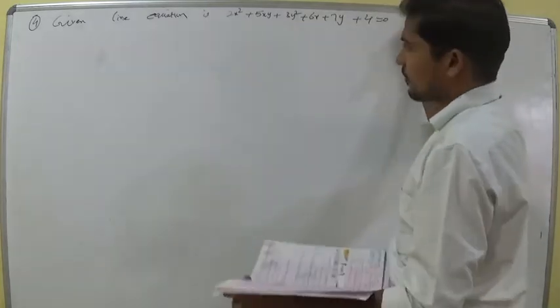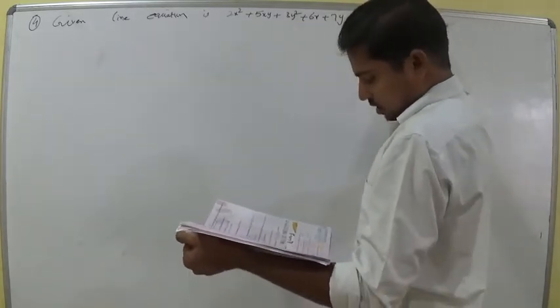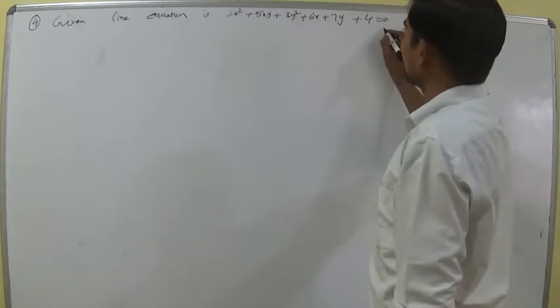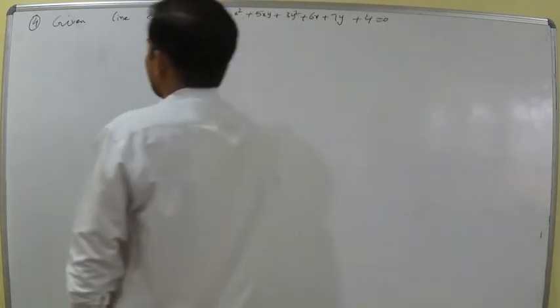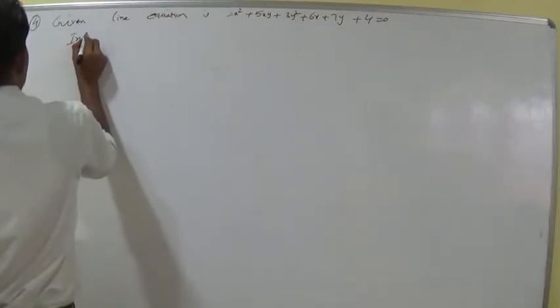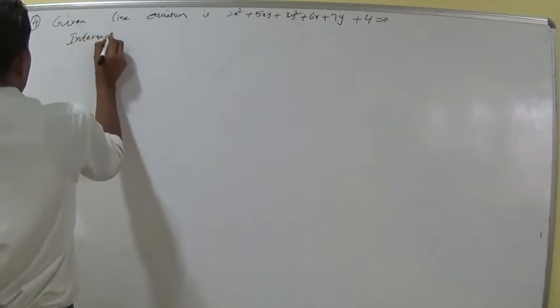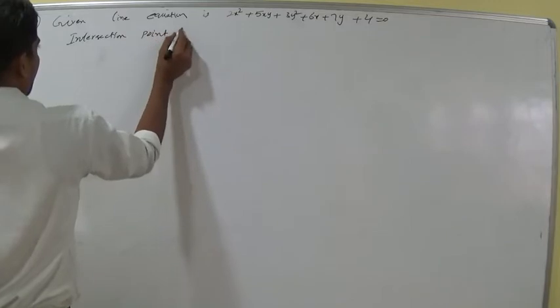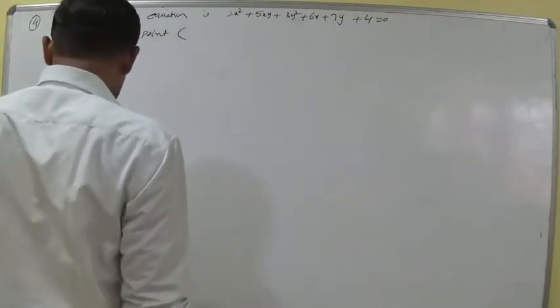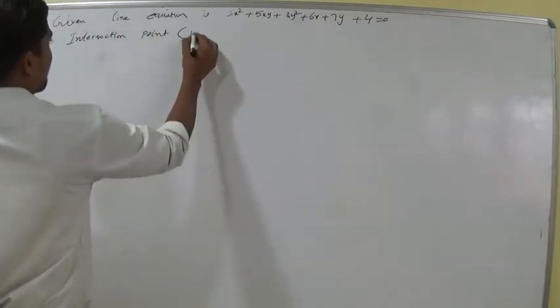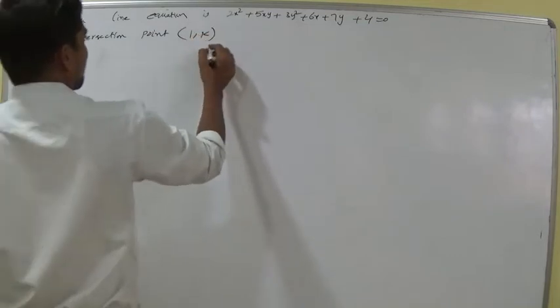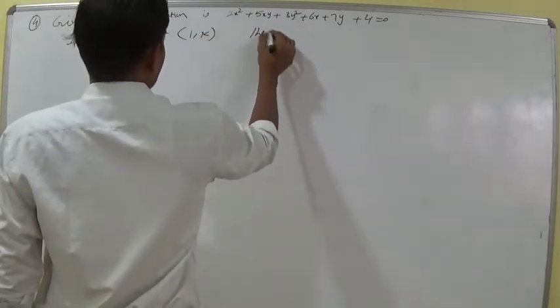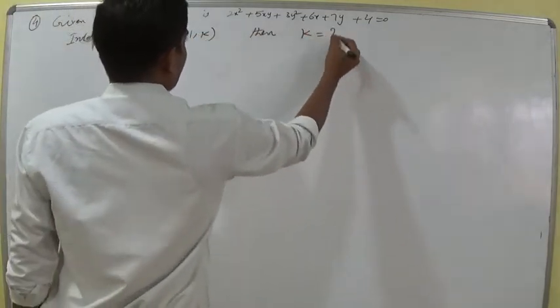Then the intersection point. What is the intersection point here? (1, k). Then k equals question mark.